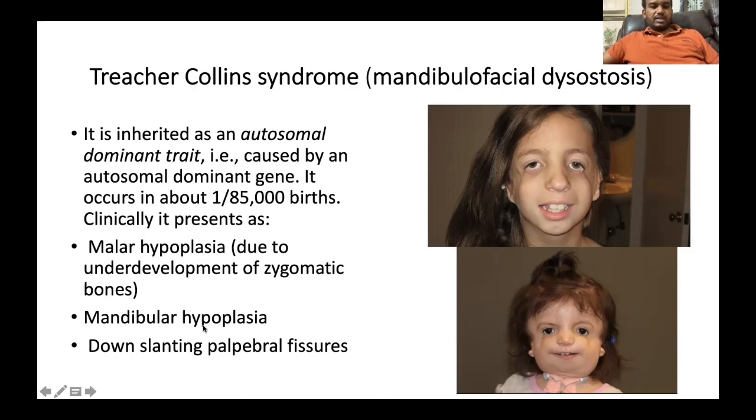You also have the down slanting palpebral fissure. That means the mandible is not developed completely and the zygomatic arch is not developed.